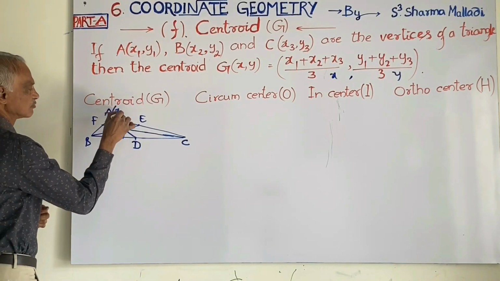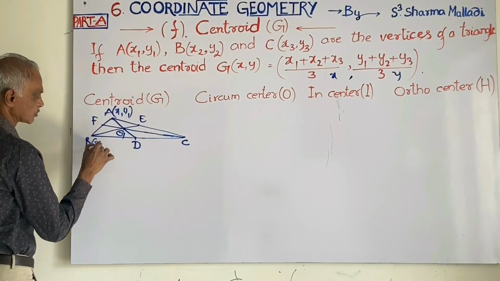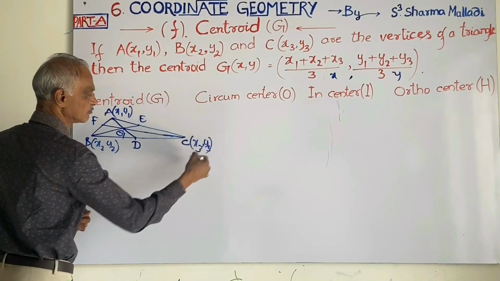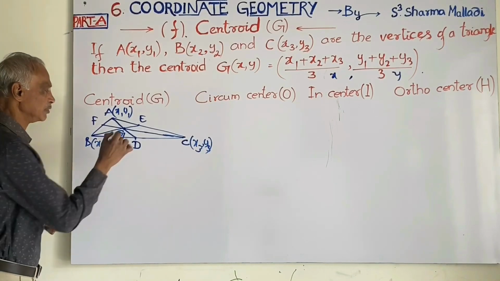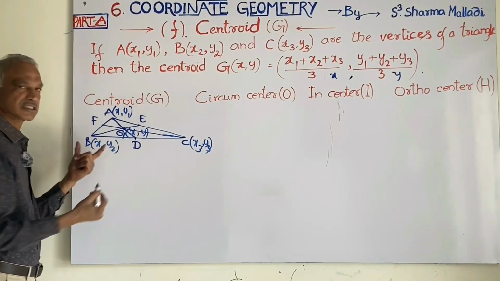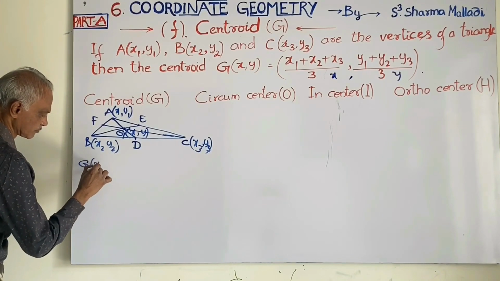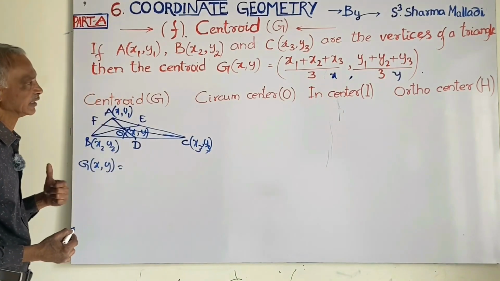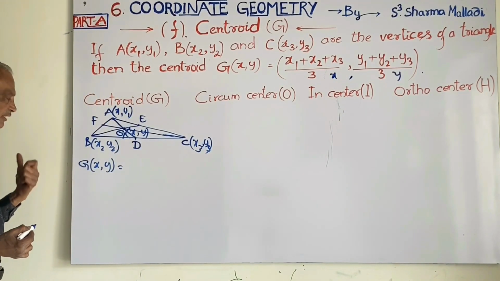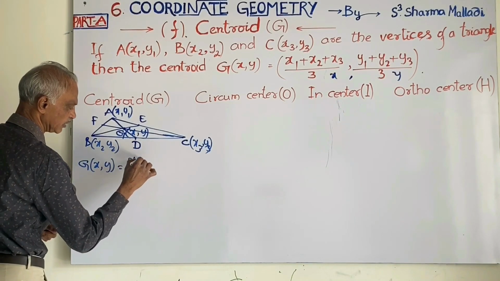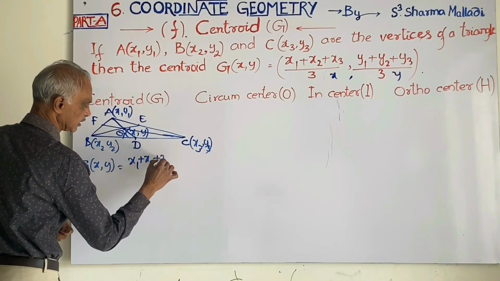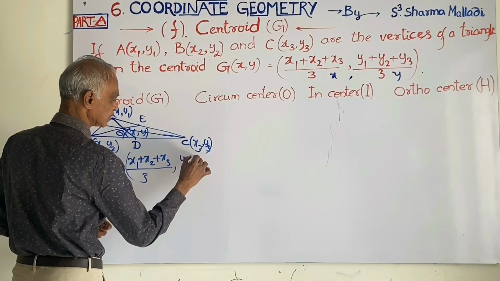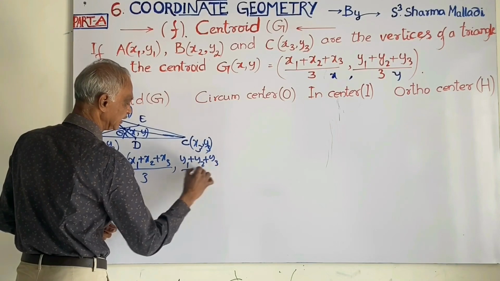A will be (x1, y1), B (x2, y2), and if you take C as (x3, y3) as the vertices of a triangle, then the centroid G(x, y) is ((x1 + x2 + x3)/3, (y1 + y2 + y3)/3). The x coordinate is (x1 + x2 + x3)/3 and the y coordinate will be (y1 + y2 + y3)/3.